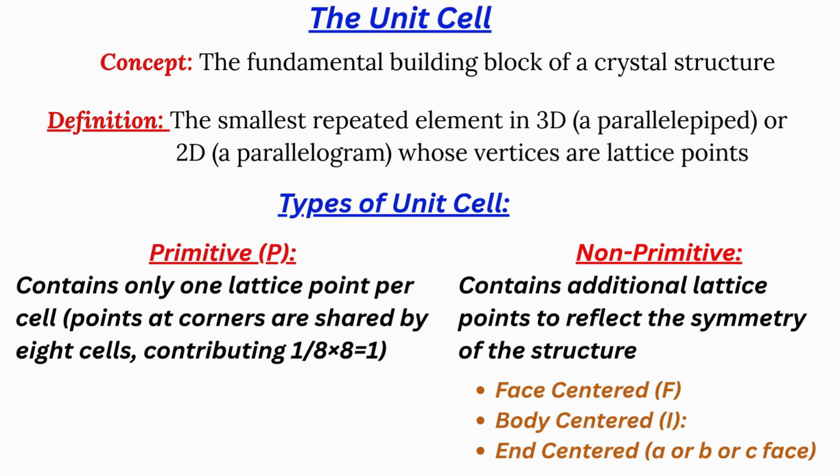Further, these non-primitive cells are subdivided into three different types: face centered, end centered and body centered. The end centered may be A, B or C. We will discuss the major distinction between face centered and end centered in the next slide.